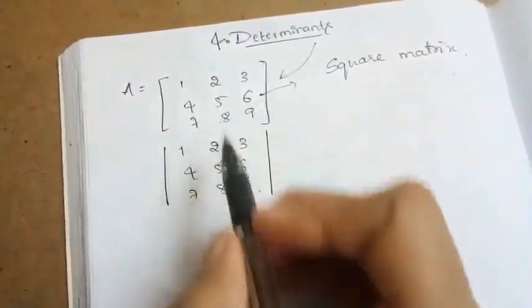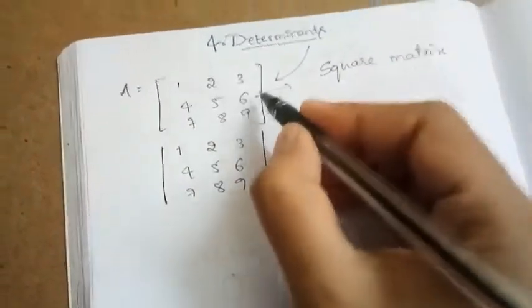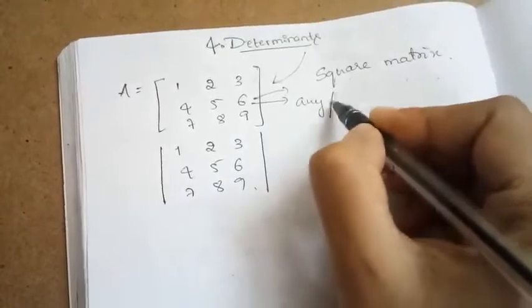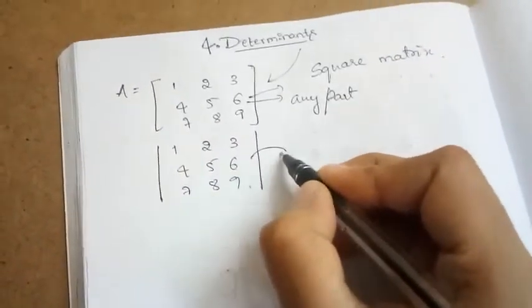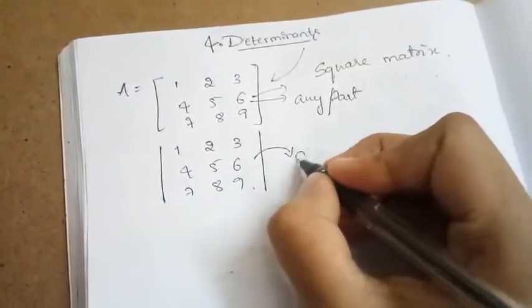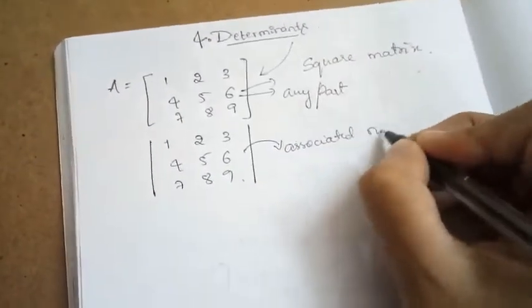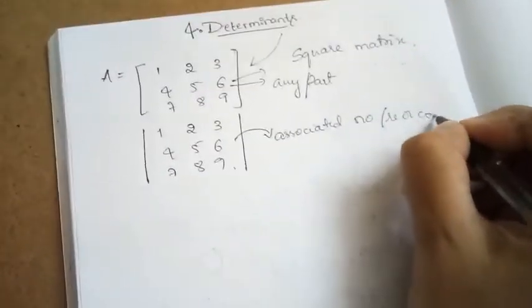The matrix does not give us any particular value, but upon doing some operations we are associated with one number which might be a real or complex number.